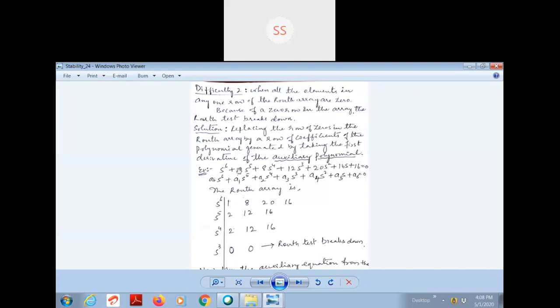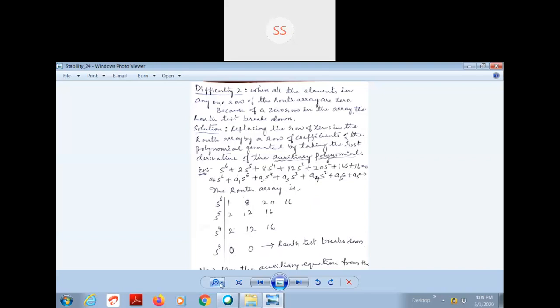Whenever we see that one row completely becomes 0, we write a polynomial equation by considering the row just above the row of zeros. We take the help of the auxiliary polynomial, differentiate it one time, get its coefficients, and fill those coefficients into the row of zeros. Okay, so we will see the procedure through a numerical example.